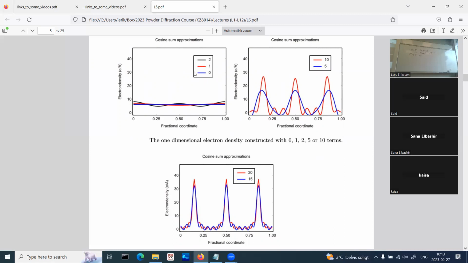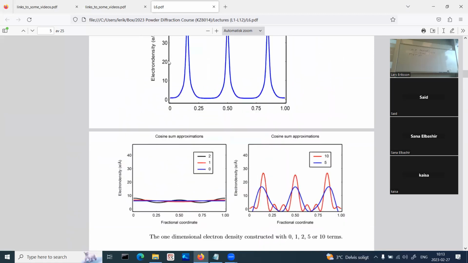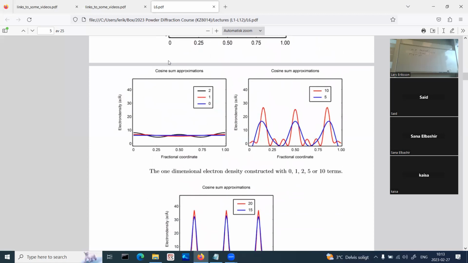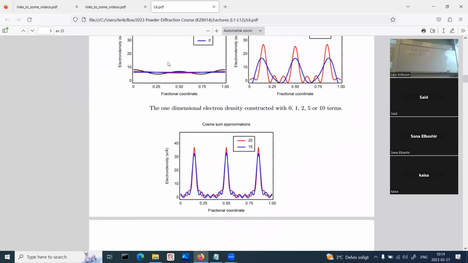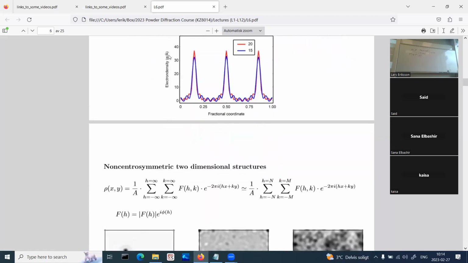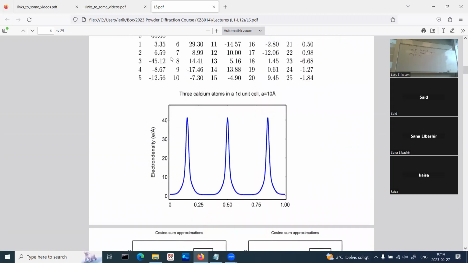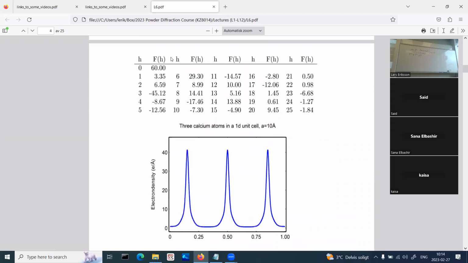But already with 10 coefficients, the red curve here is kind of a good approximation to this true structure. And with 15 or 20, it becomes better. So the only problem reconstructing this structure is to find whether each term is positive or negative.